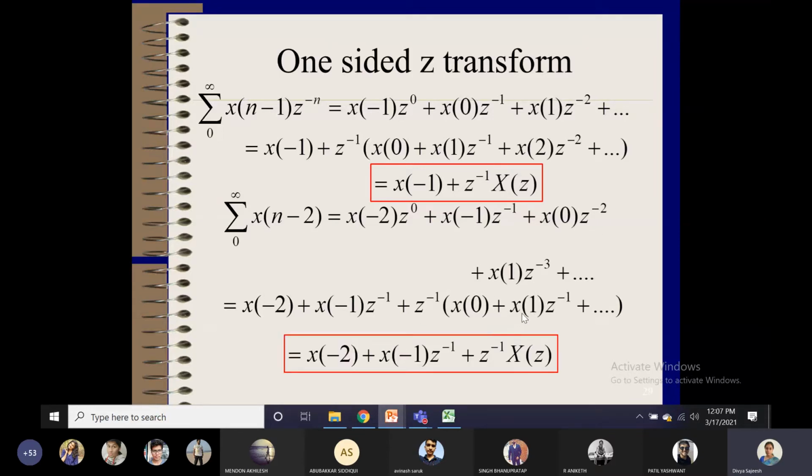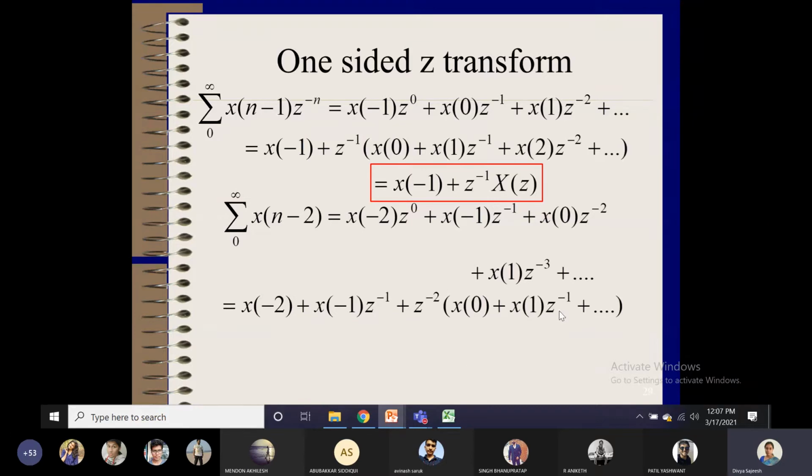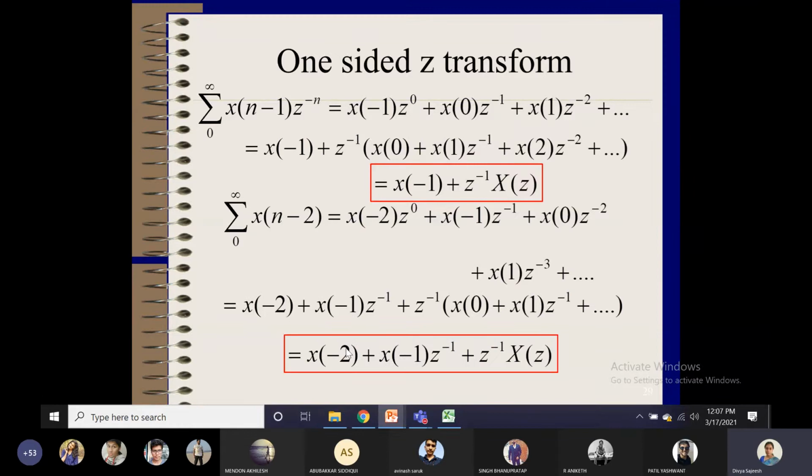So x of 0 plus x of 1, z raised to minus 1, it will extend up to infinity. The general expansion I can write as X of z. So it will be x of minus 2 plus x of minus 1 z inverse plus z inverse into X of z.